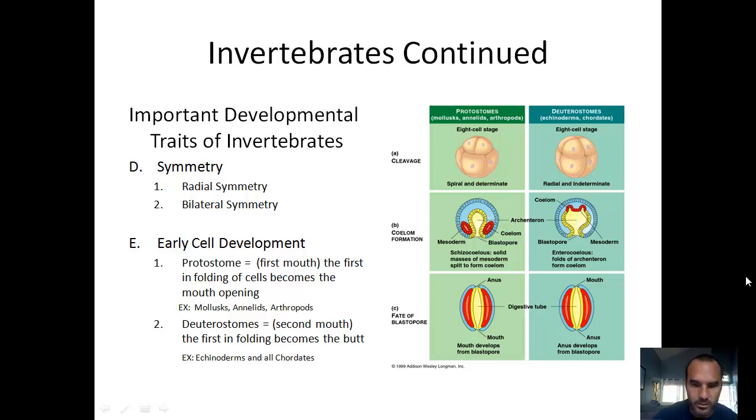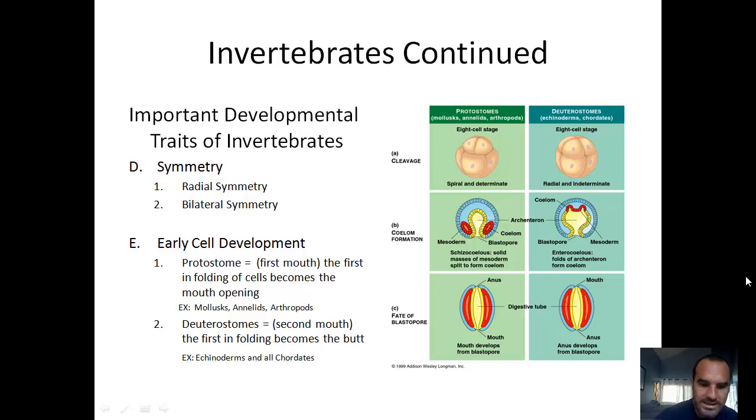The same thing happens when you're just a few cells big. So for very simple invertebrates, or very simple animals, it's called protostome development, and that translates into first mouth. So that first infolding of cells becomes the mouth opening of that organism. So things like a mollusk, like a squid, or an earthworm, or any insect, that first infolding becomes the mouth of the animal.